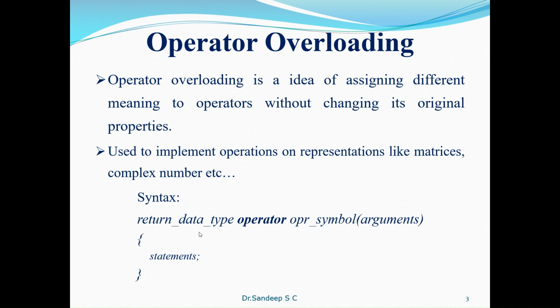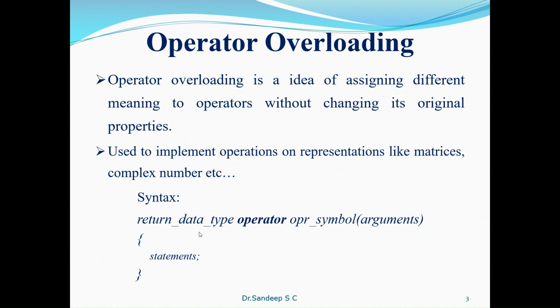For example, a plus symbol is meant for adding two things, whether it is an integer or a float. That is the original idea of having that symbol. That original idea we don't want to change, or we cannot change. Rather, we use that operator to perform the same operation on different data types or objects.